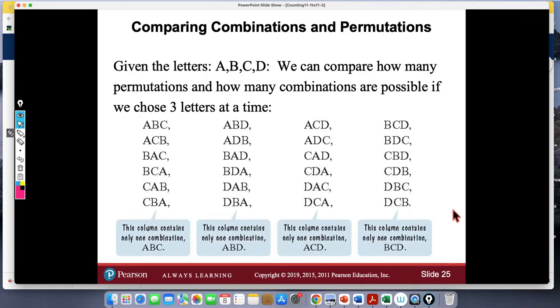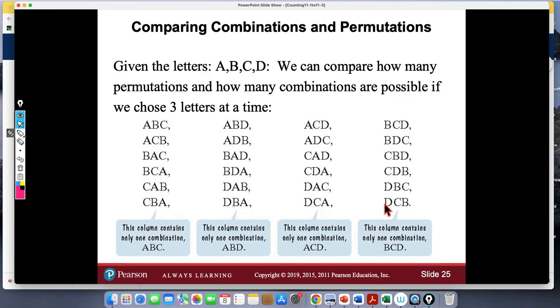One way to do this: if you put the letters A, B, C, D, and you're going to choose 3 of the letters, notice A, B, C and A, C, B, if order's not important, are the same 3 letters in the group, right? So for a combination, all of these different options only count as 1, because they've got the same 3 letters.